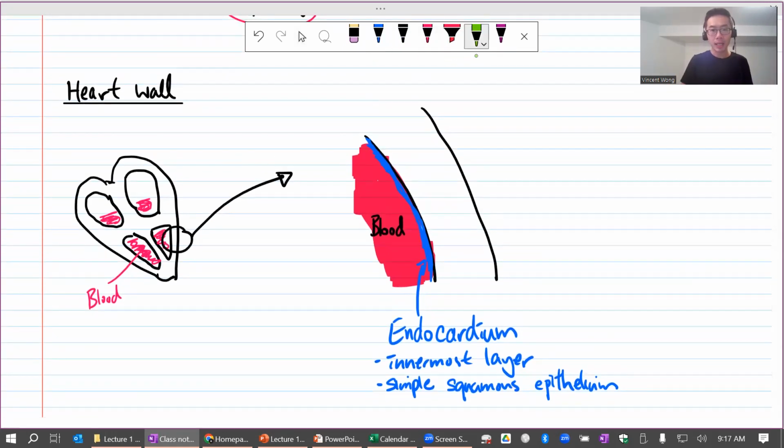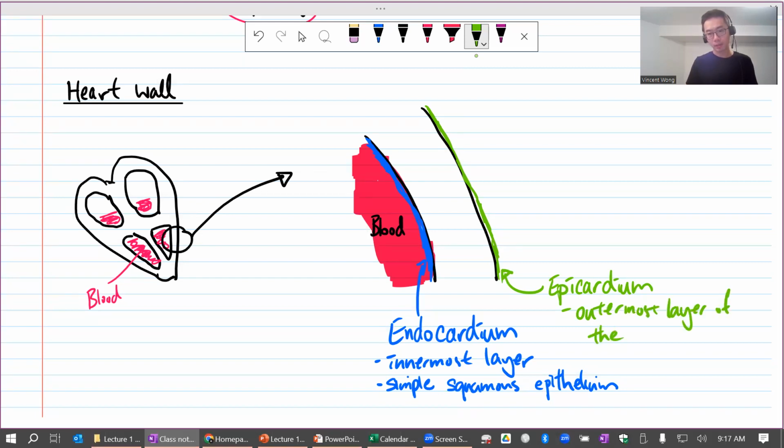Now on the outside, we have another layer. This layer is perhaps the most confusing layer. Let's just label it first. This is called the epicardium. It's the outermost layer of the heart.